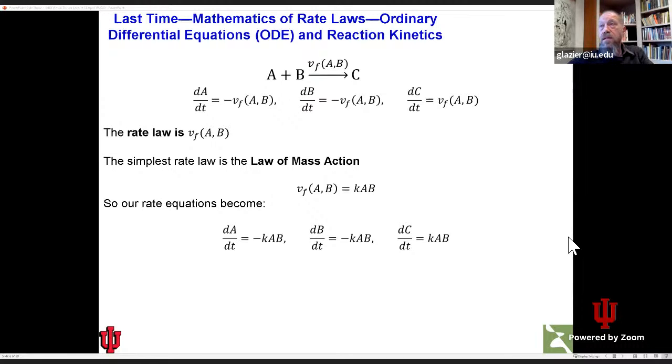And as I mentioned last time, I'm a big believer in the arrow diagrams, because the arrow diagram unambiguously translates into rate equations. The rate equations do not unambiguously translate back into an arrow diagram.